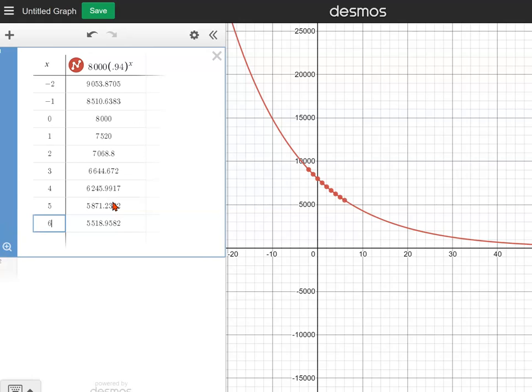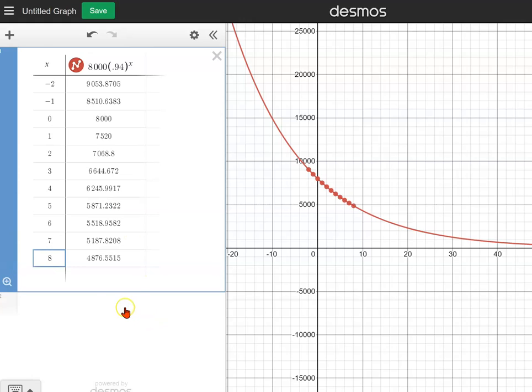On the sixth year, it's getting close. About the seventh year, and then 8 is 4,876. So 5,000 is between the 7th and the 8th year. You see that? So again, using our Desmos, it's between the 7th and the 8th year. It's going to be 5,000.